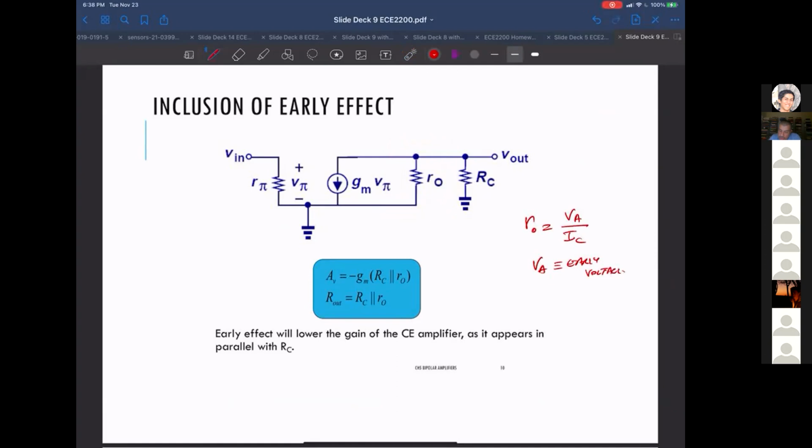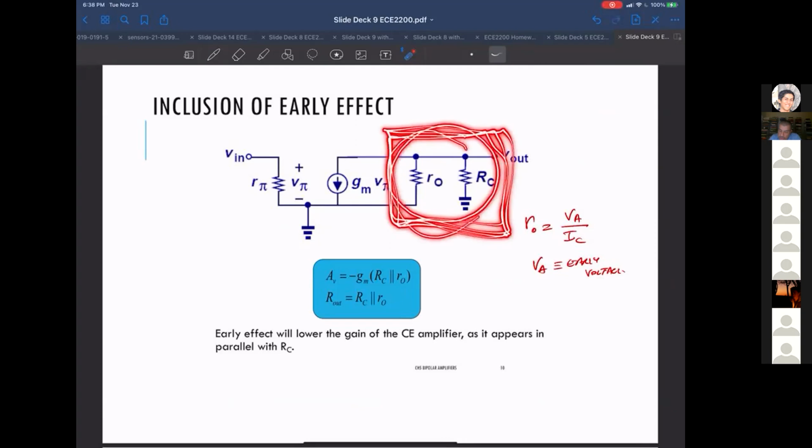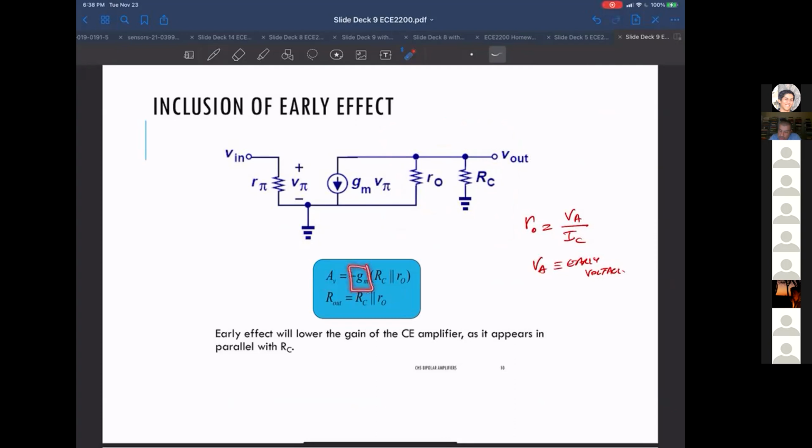The unfortunate effect is that this just goes in parallel with your R sub C, which is your load resistance. So it drops your effective resistance, because now the gain is gm times these two resistor values in parallel, so it ends up reducing the overall gain.